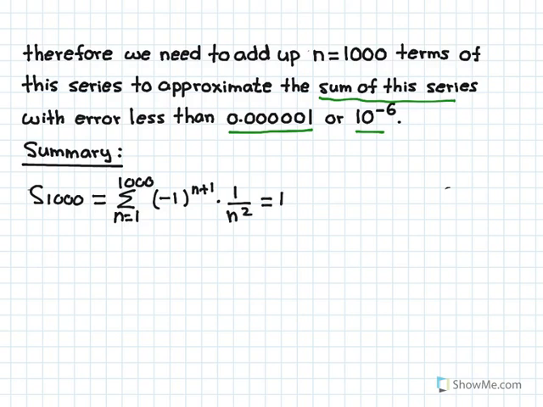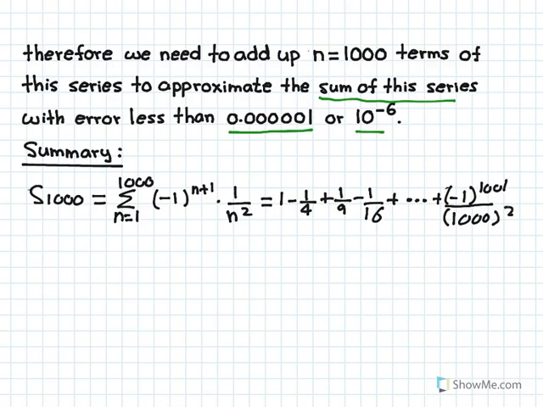This is equal to 1 minus 1/4 plus 1 over 9 minus 1 over 16, all the way up to the 1,000th term, negative 1 to the power of 1,001 divided by 1,000 squared. All right, so if we add up the first 1,000 terms, the error is less than the 1,001st term, which happens to be less than 10 to the minus 6. So the absolute value of S minus S1000 is less than 10 to the minus 6.